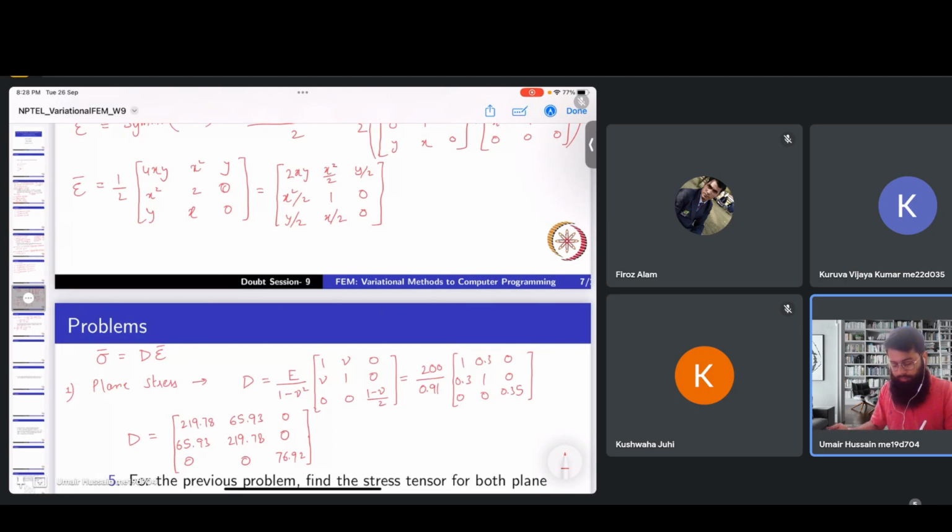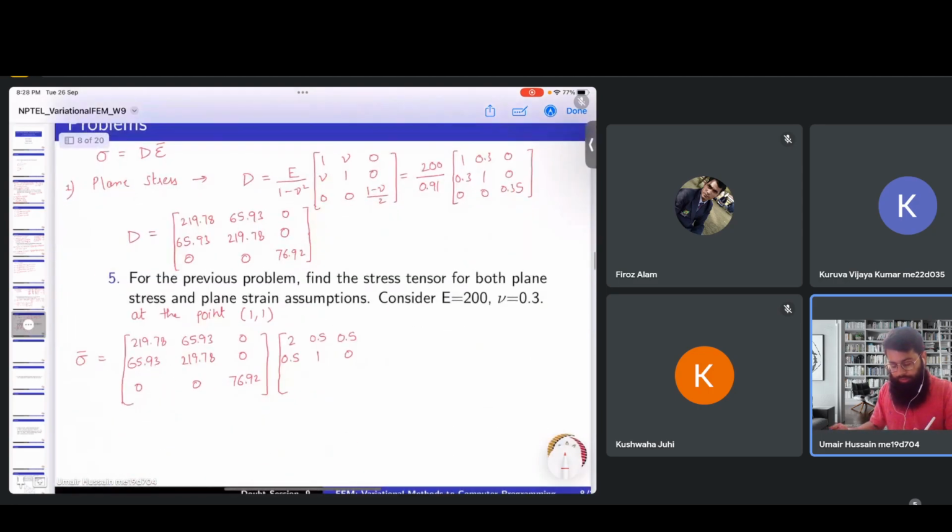Okay, since we can reduce this matrix, we'll just reduce our epsilon into Voigt notation. In Voigt notation, we write epsilon xx, epsilon yy, epsilon xy.